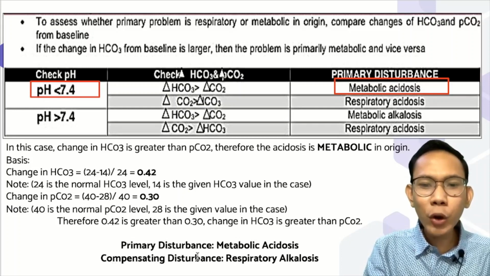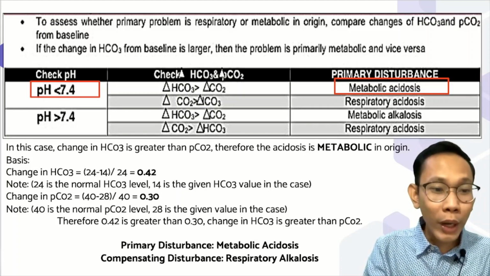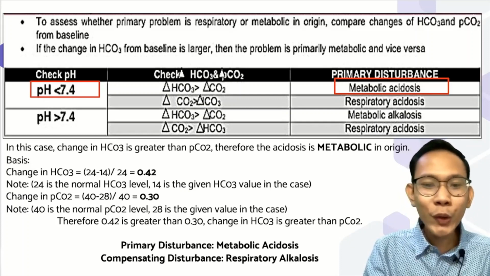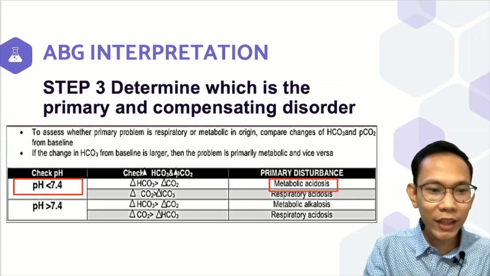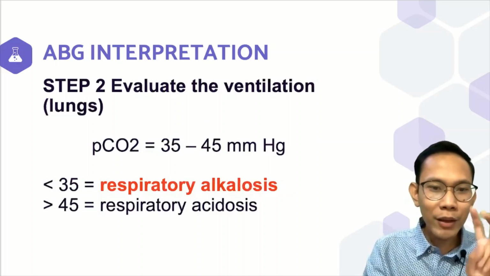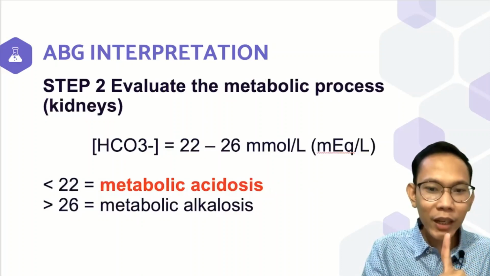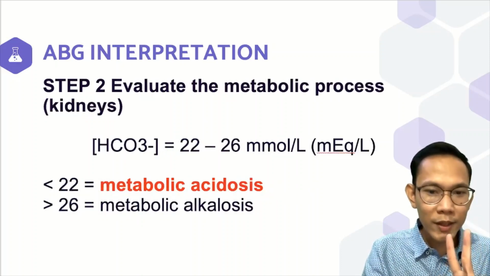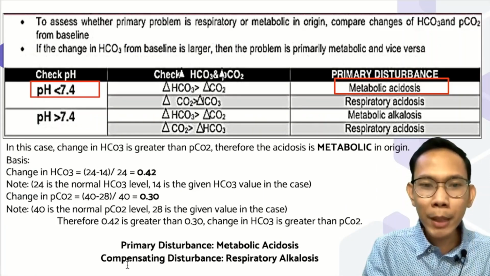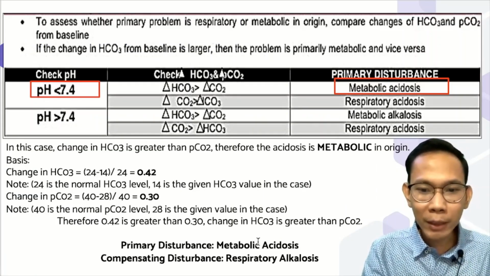Doc, paano mo nalaman yung compensating disturbance? Again, kung ano yung natira sa step 2, yan yung compensating disturbance. So, tingnan natin yung natira. Tingnan yung step 2. Diba yung step 2 natin? Respiratory alkalosis and metabolic acidosis. And na-detect natin yung main problem, naalaman natin yung primary problem is your metabolic acidosis.